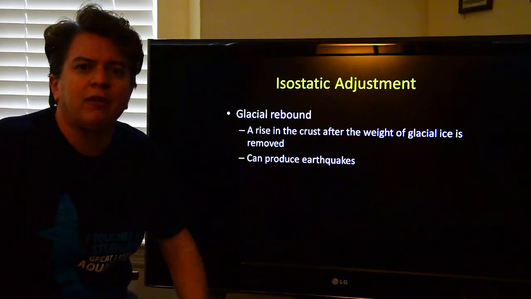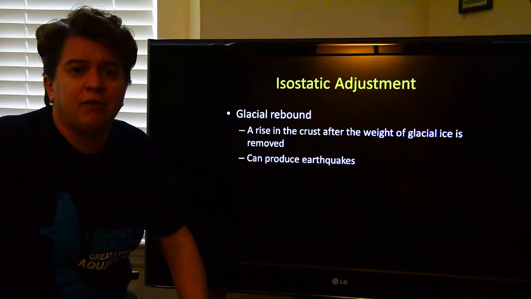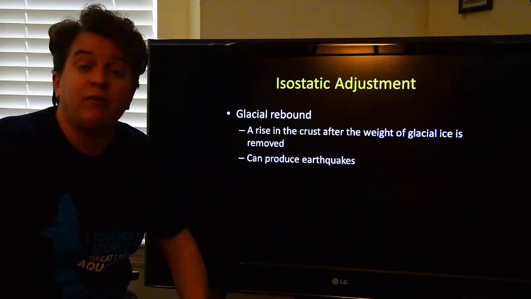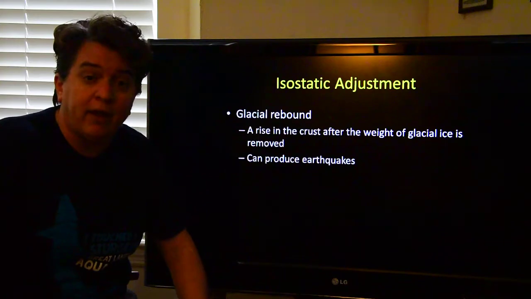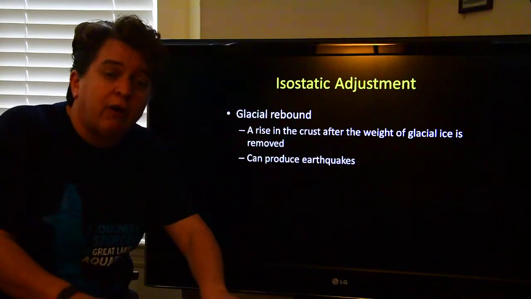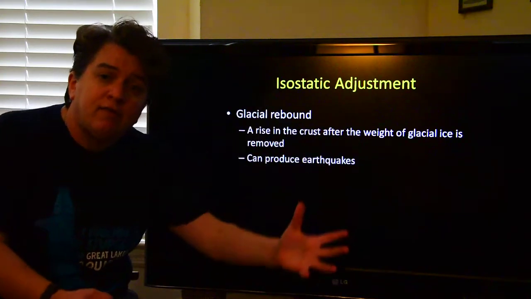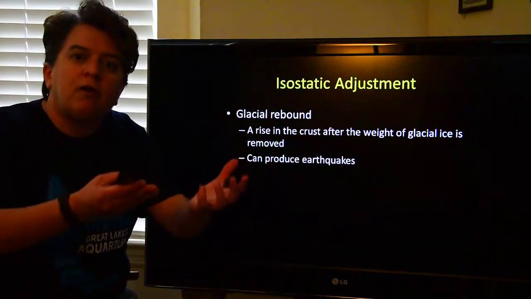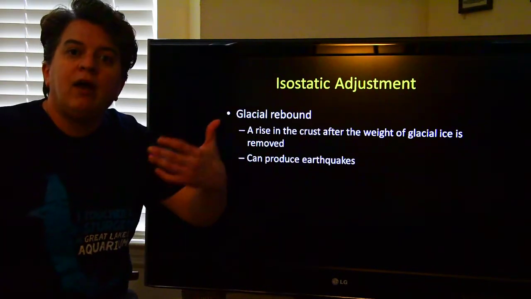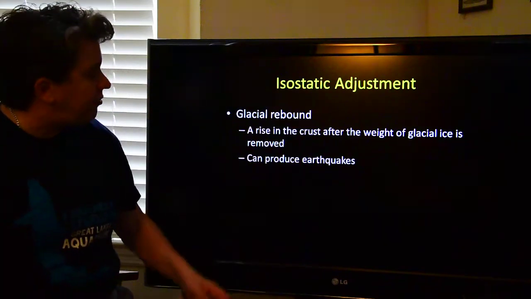And if you have 3 to 5 kilometers thick of ice, that's going to be a whole lot more than just 8 pounds. It's going to be a lot of weight, and that pushed down the crust. Now, with all that ice gone, the crust is adjusting itself to having lost all that weight.